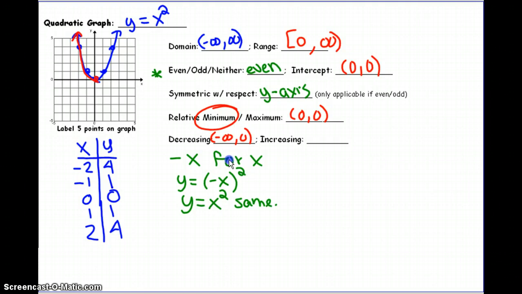So I am using the x values to write my increasing and decreasing functions. Right at this relative min, it turns around and starts to increase. And it's increasing over the domain or x values of 0 to infinity.